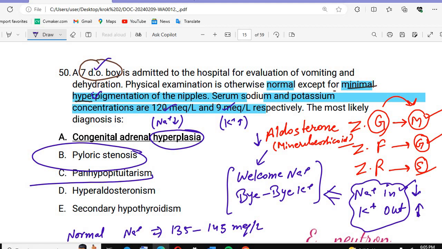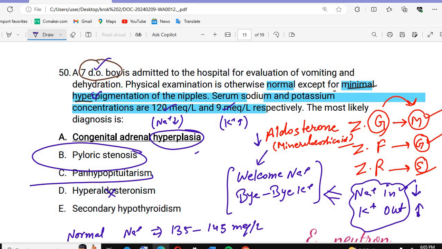Panhypopituitarism is when all the hormones of the pituitary gland are decreased. That is not possible in this condition, because they didn't give any history other than adrenal things. Then hyperaldosteronism: no, it will not be hyperaldosteronism. We know this condition is due to a decrease in aldosterone, which is why the sodium is decreasing.